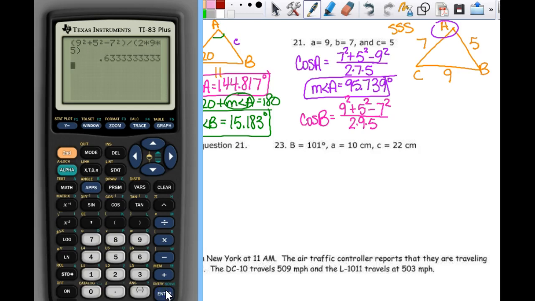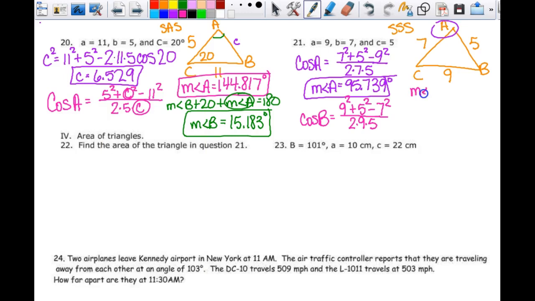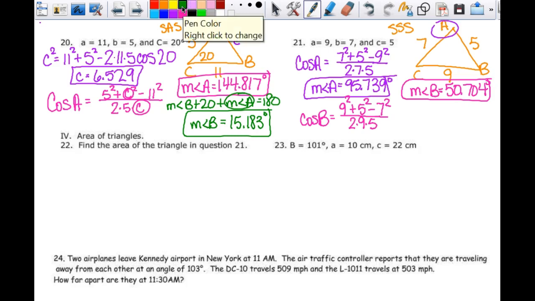That gives me the cosine, so cosine inverse gives me 50.704. I'm going to store that in B. Store alpha B. And then come over here. Measure of angle B is equal to 50.704 degrees.